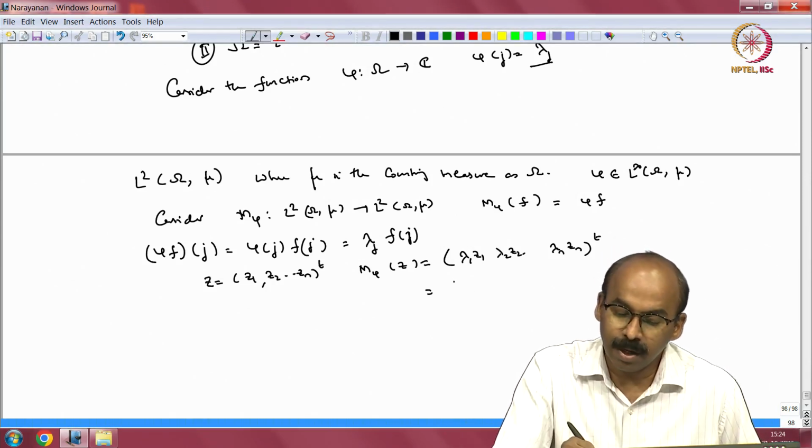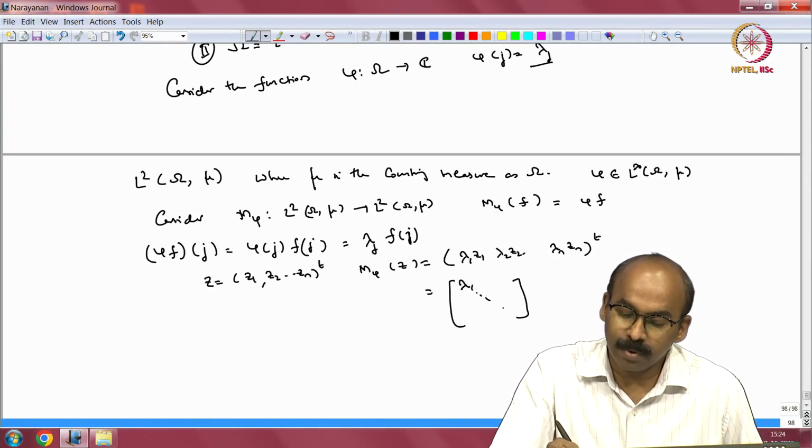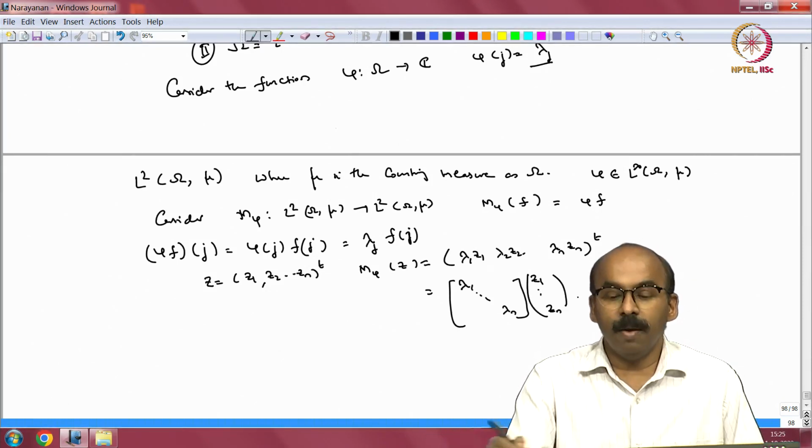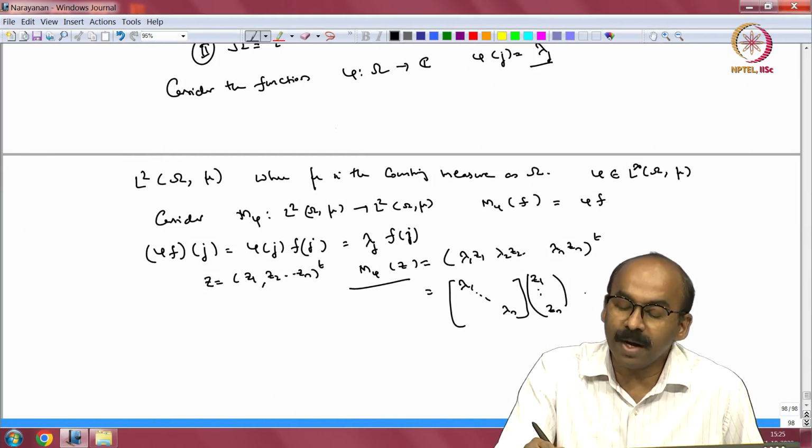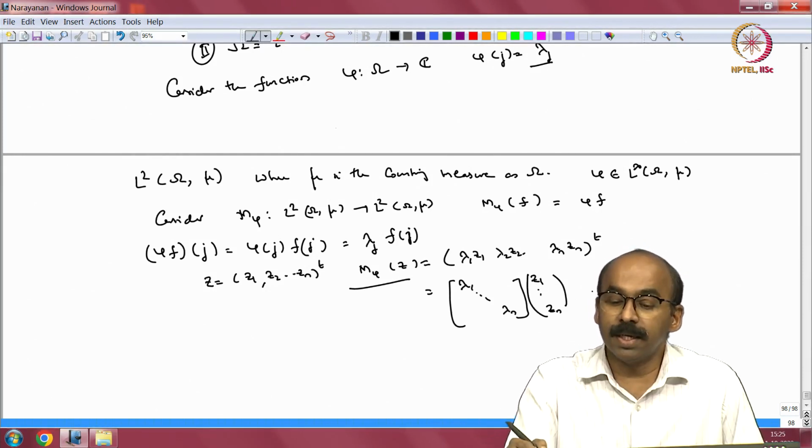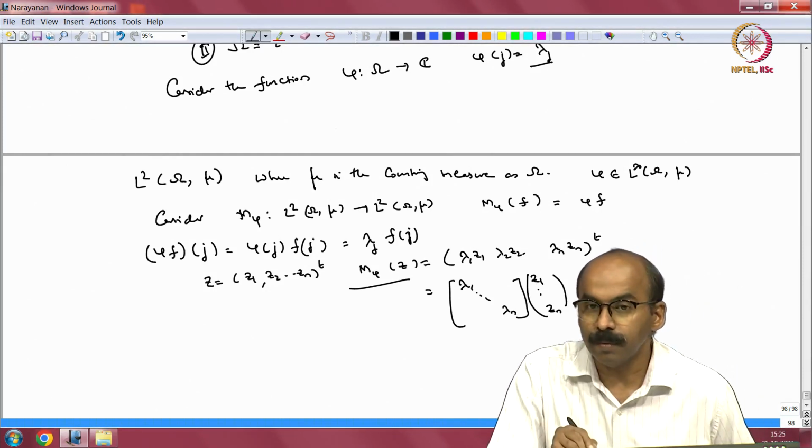So, this is nothing but the diagonal matrix with lambda_1 up to lambda_n acting on the column z_1 to z_n. This is how M_phi looks like, and this is the operator T, because T e_j equals lambda_j e_j.